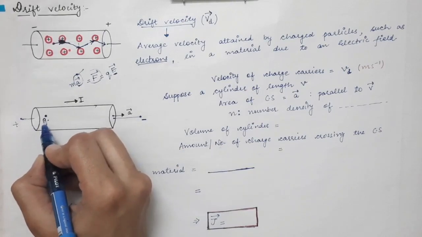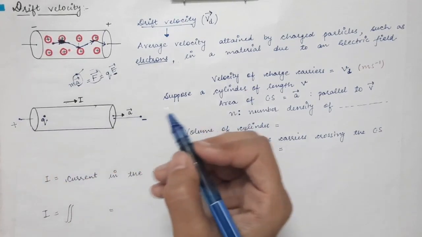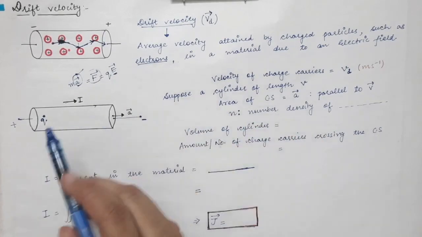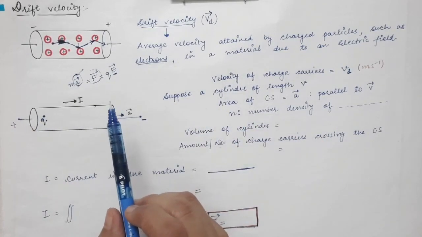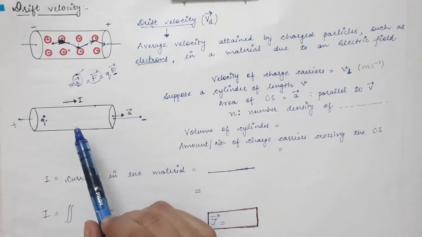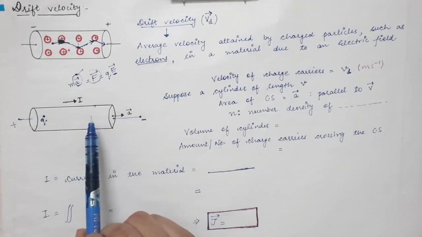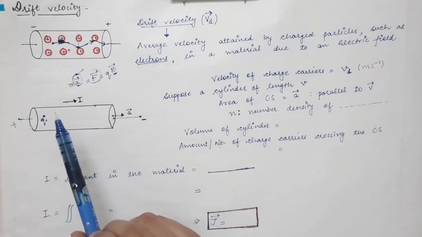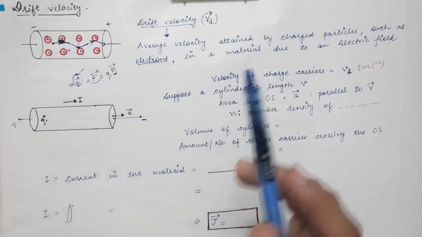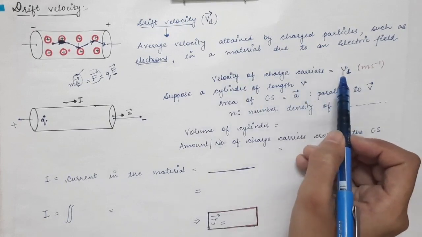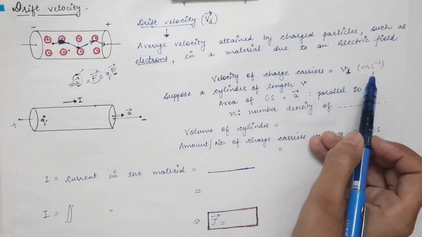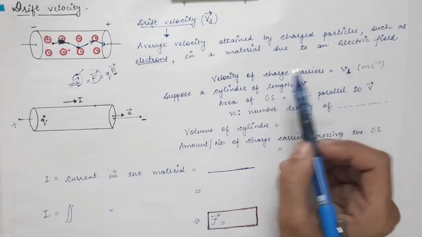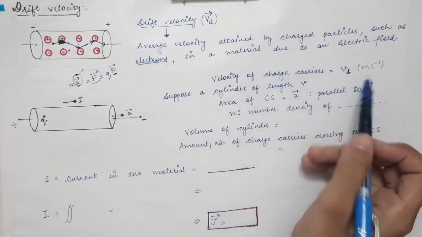Under the influence of the electric field there will be a certain drift velocity. That will be the average velocity which is attained by the charge carriers under the influence of the electric field. So the velocity of the charge carriers is equal to Vd, and let's suppose it is in meters per second.